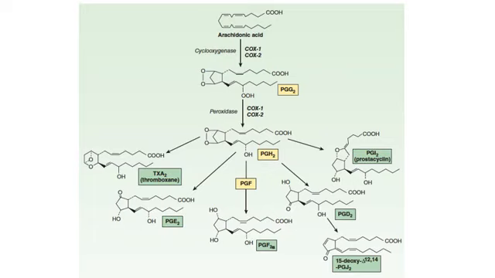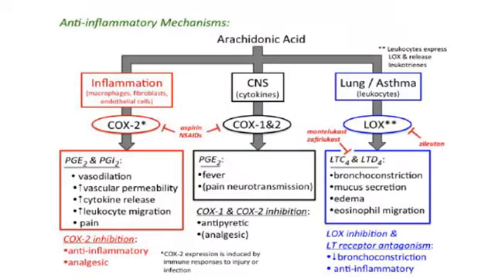We have thromboxane, prostaglandin E2, F2 alpha, D2, I2. So these are all prostaglandins, and with very slight differences in chemical structure of these prostaglandins, we get different actions in our bodies.